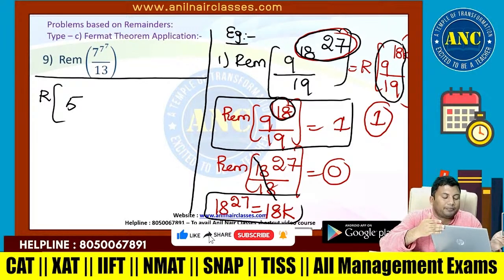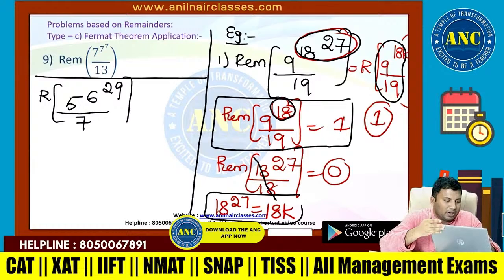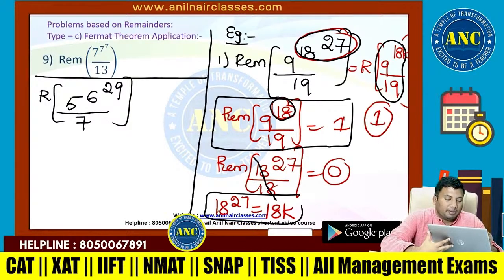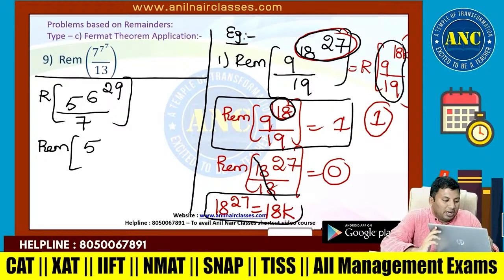5 power 6 power 29 divided by 7. According to this question, the denominator is 7. So 5 power 6 divided by 7 is 1. Divide this power with this power.